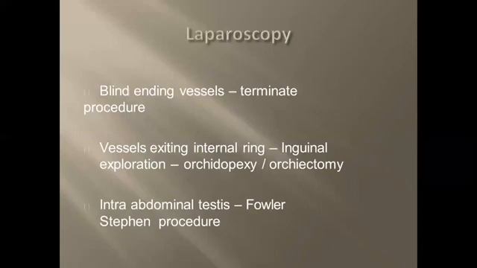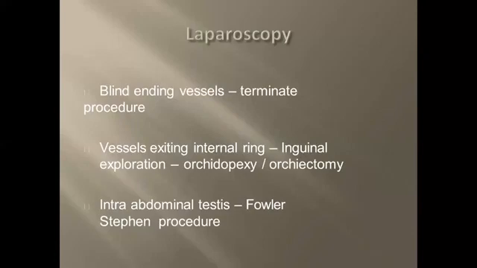So how do you fix the issue? You can do it by open surgical methods and laparoscopic methods. The laparoscopic method is diagnostic as well as therapeutic. You do a diagnostic laparoscopy and assess the anatomy of the testis. If blind-ending vessels are there, the vessels are not going to vascularize the testes.